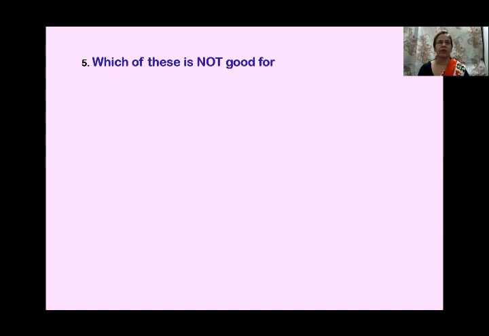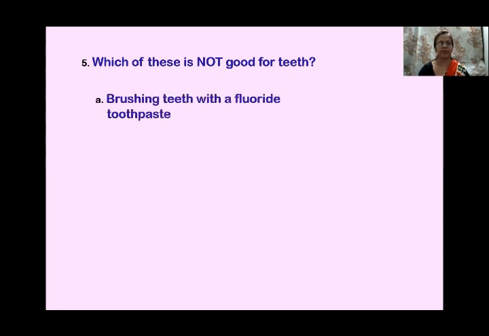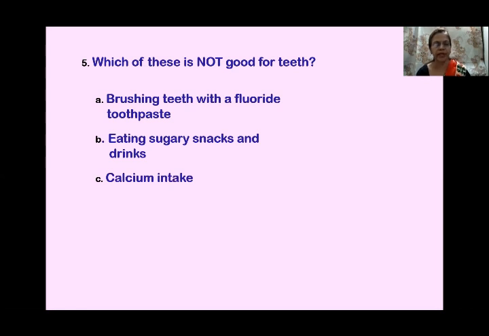Now the next question is which of these is not good for teeth? First option is brushing teeth with a fluoride toothpaste. Second is eating sugary snacks and drinks. Third is calcium intake. And fourth is flossing of teeth.